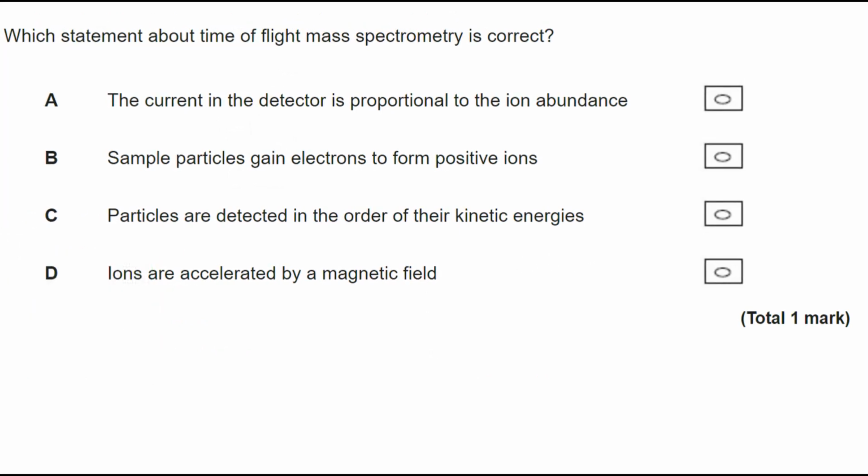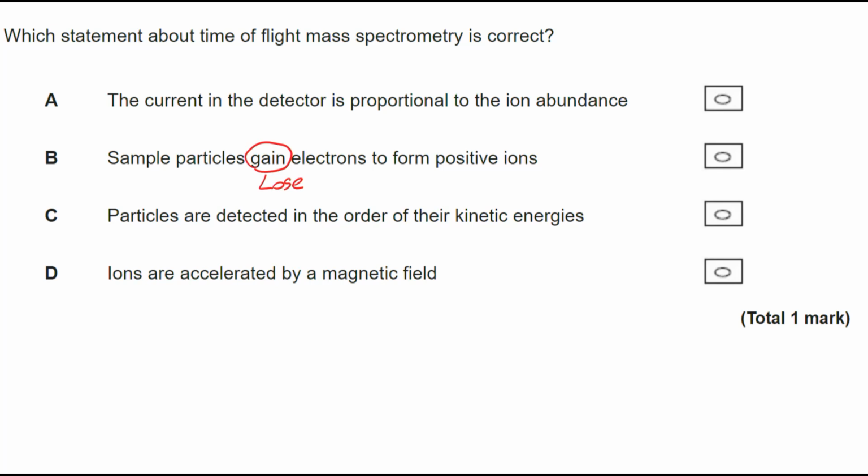So this is a factual recall question about time of flight mass spectrometry. Let's go through the answers, take a look at them, see if we can establish why some of them are incorrect, and then by virtue of that we can see which one is correct. Taking a look at B to begin, it's the wrong way around. You don't form positive ions by gaining electrons, you do it by losing them.